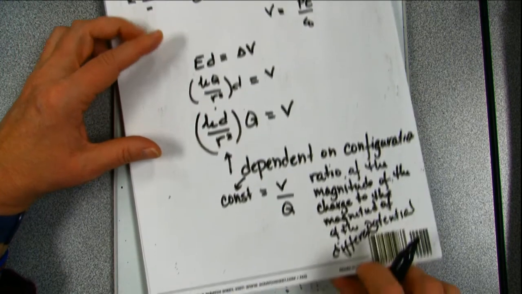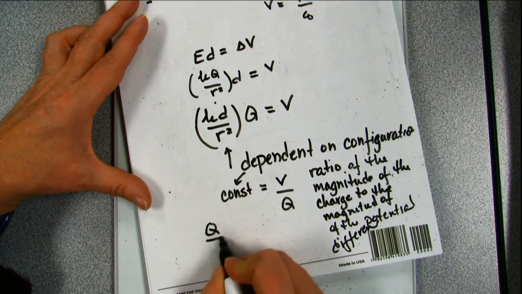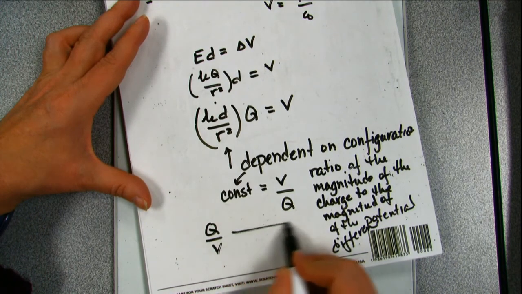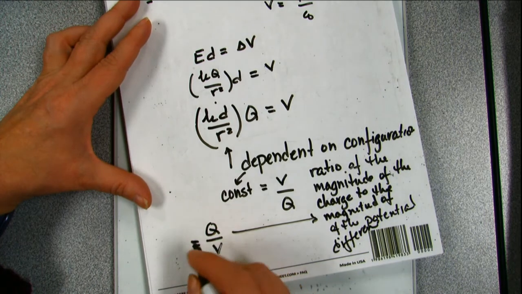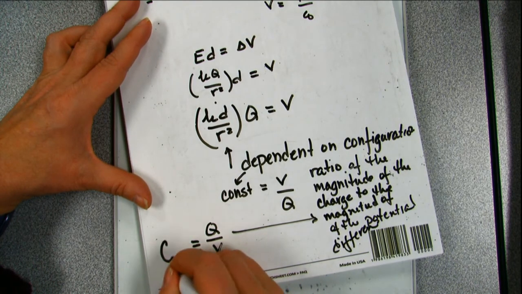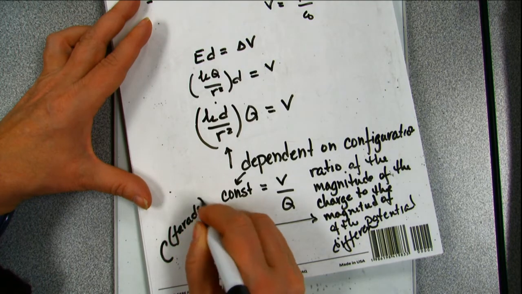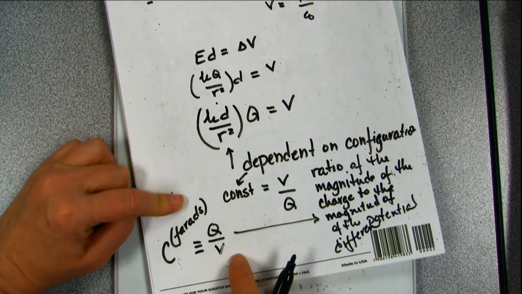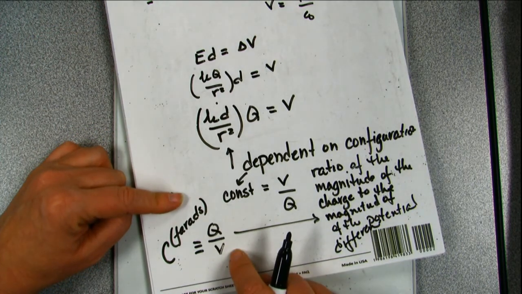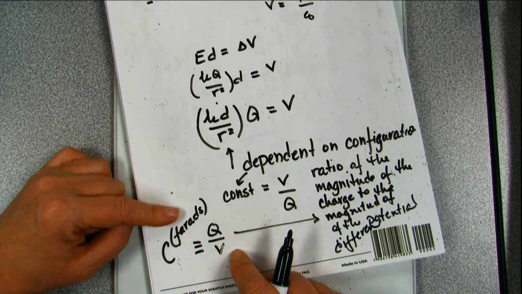basically what that's saying, this ratio, we're going to flip it over and I've got Q over V. So that ratio right there, we are going to define with a big C, in farads. So Q over V, coulombs per volt, is going to be a farad.